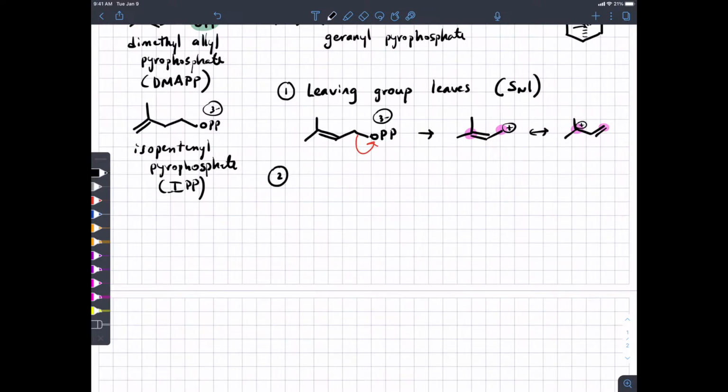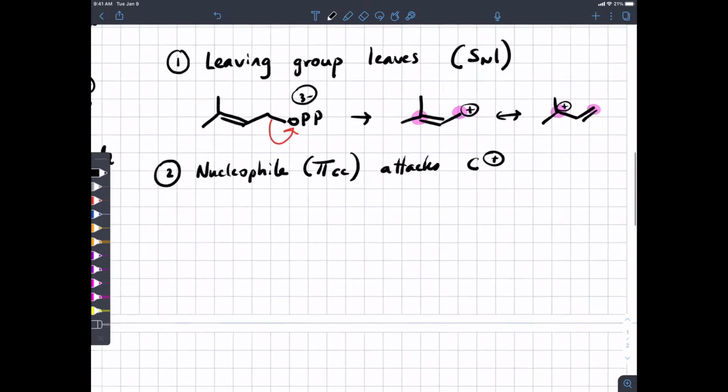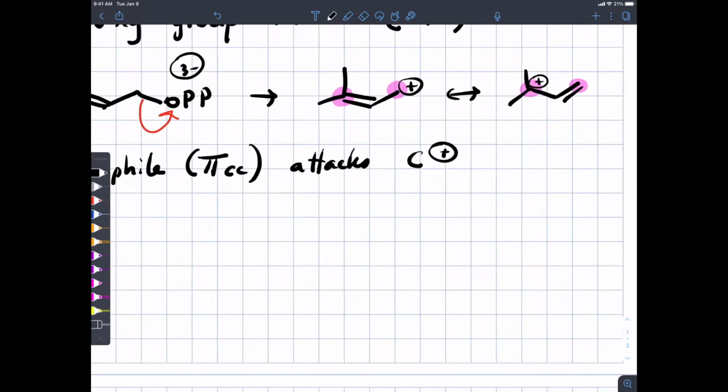Second step is the nucleophile, which is going to be a pi bond, a carbon-carbon pi bond, attacks the carbocation. Now, this is also something that you've seen similar things to before. This is sort of an addition to alkenes reaction.